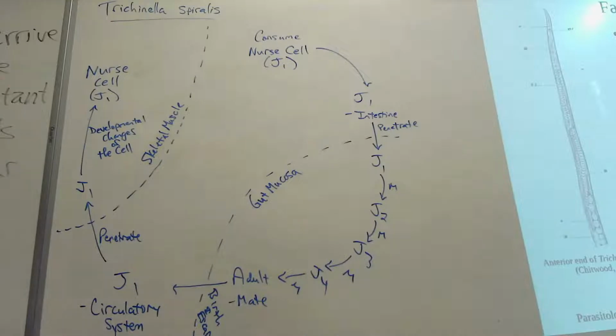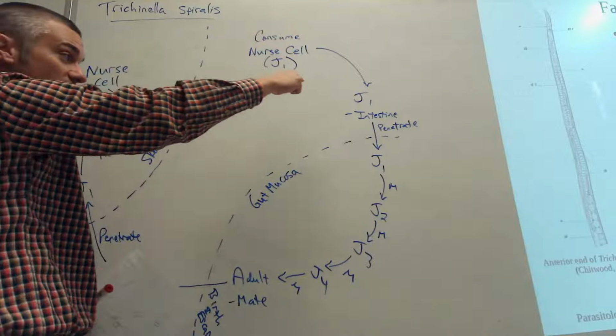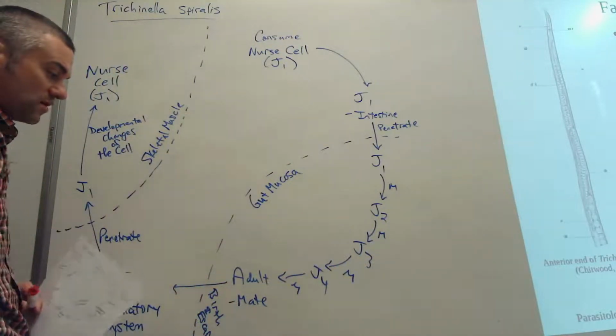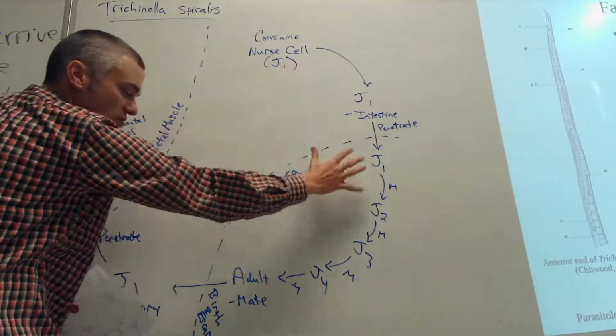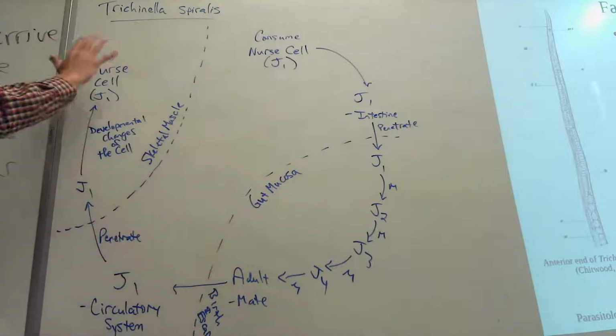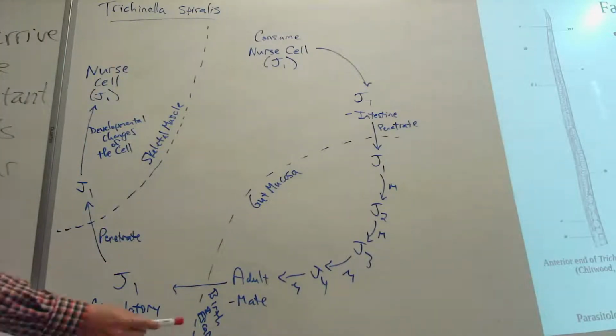There's no connection because this host consumed a nurse cell. The parasite got out, developed to the adult, mated, then they release the J1s. Those J1s get into the muscle cells of that host, and now that host is serving as our intermediate host. So it served as our definitive host during this part of our life cycle, and now it's serving as the intermediate host. Eventually, these adults will die.